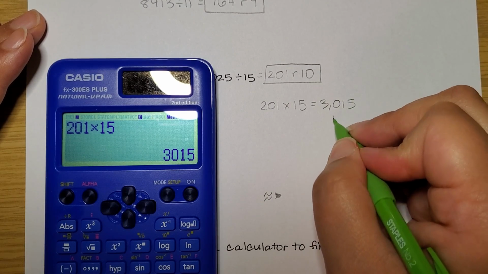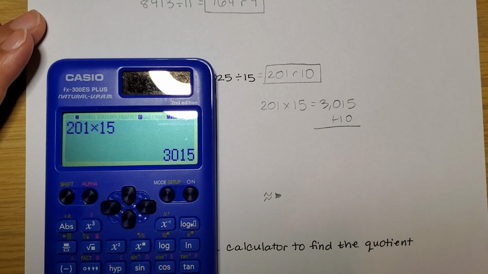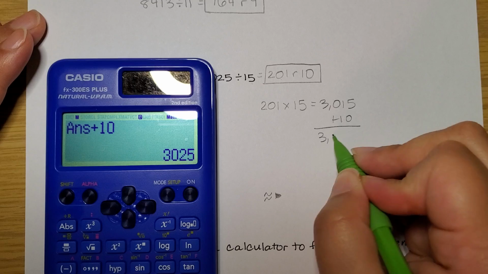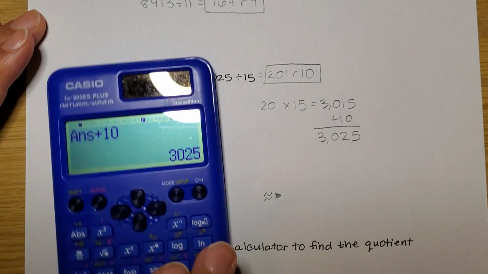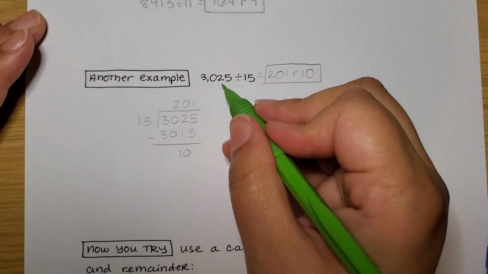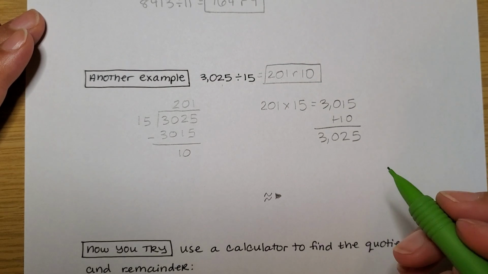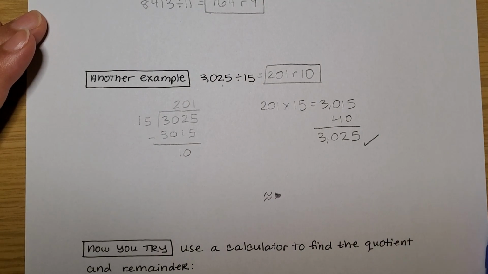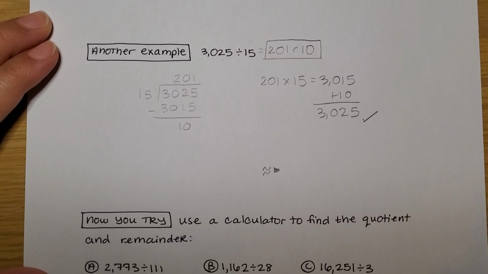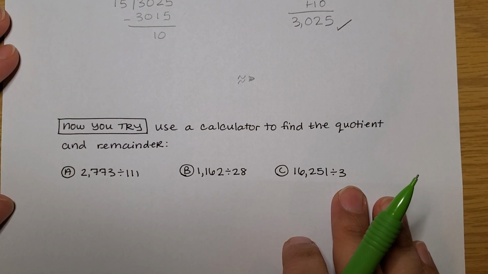Add the remainder, and we get 3,025, which is what we were dividing into all along. So it checks out.